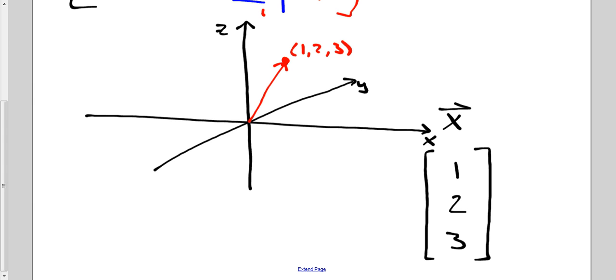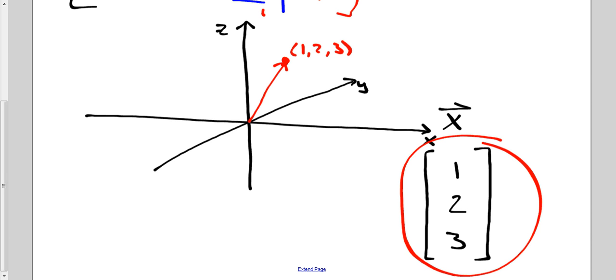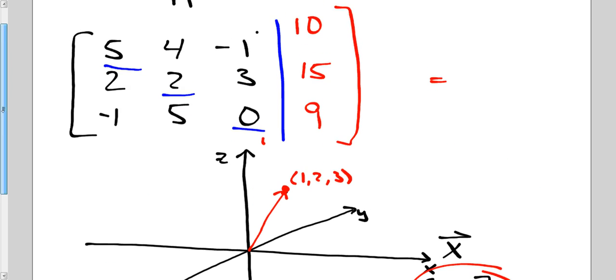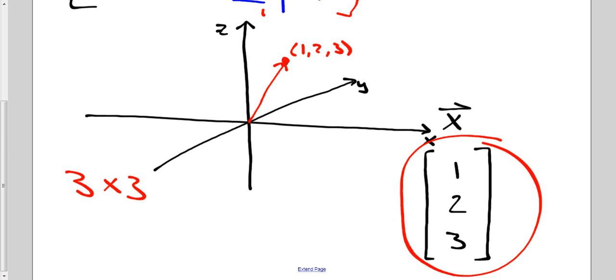This vector has 3 rows and 1 column. A 3 by 1 matrix, also called a vector. When I multiply a 3 by 3, that's A, right? A was 3 by 3, times a 3 by 1.